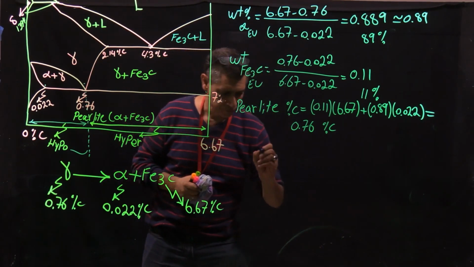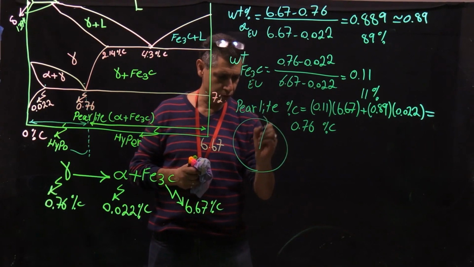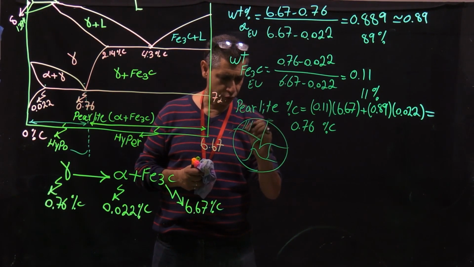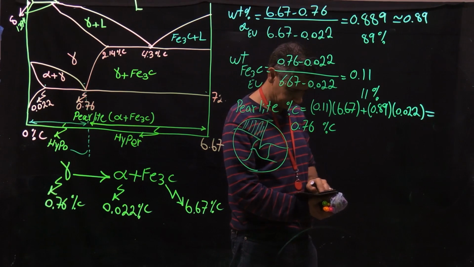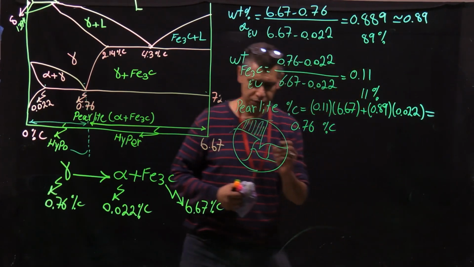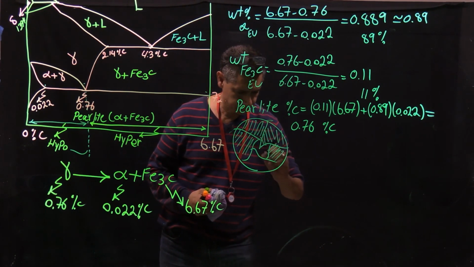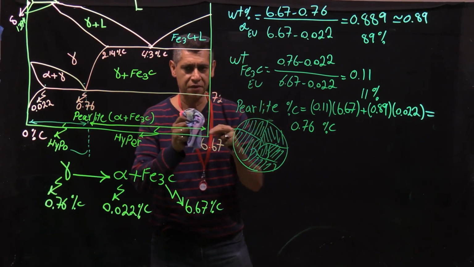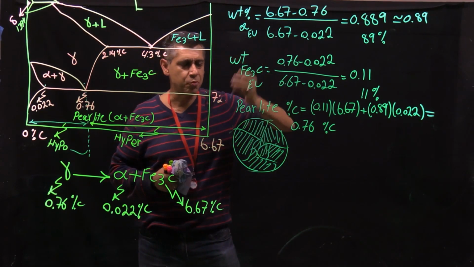And the structure, obviously, in a pearlite is like this. It's kind of like a lamellar structure. So we have different clusters of zebra shape.